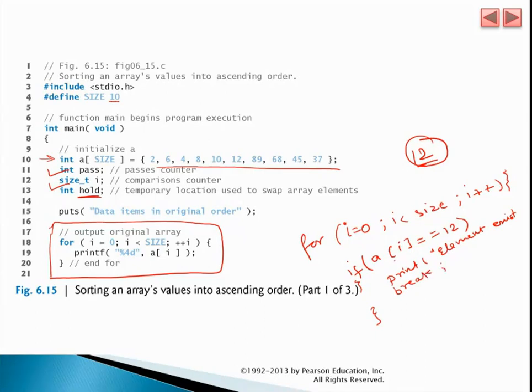So if a of i is equal to 12, just print element exists and break. Otherwise, the loop will keep continuing. This is a simple linear search. You are taking this element and searching for it. You start from the 0th element and go ahead till you find that particular element. This is called linear search.